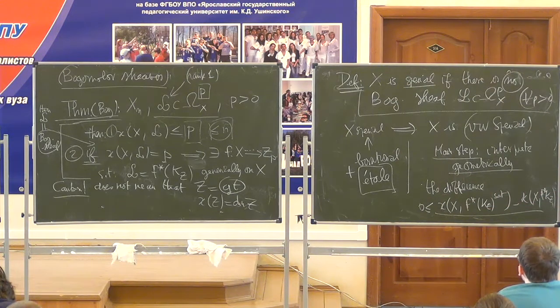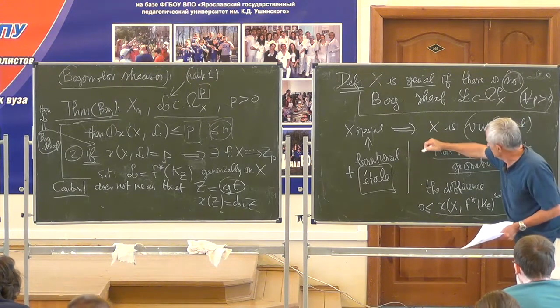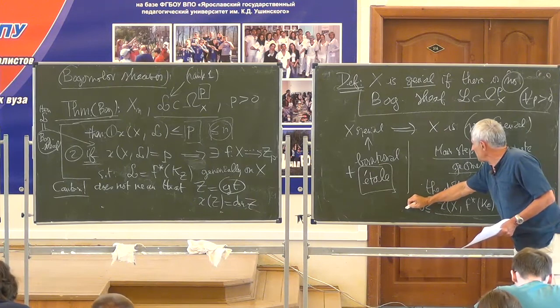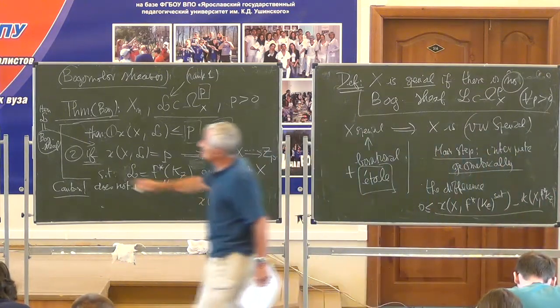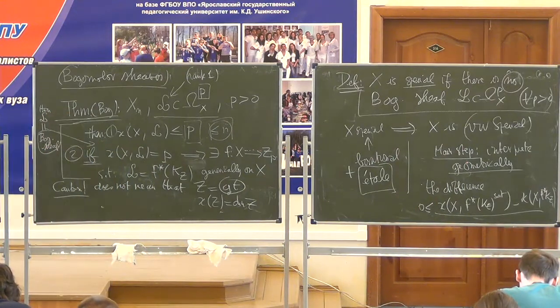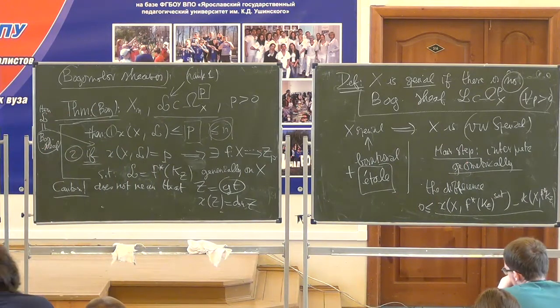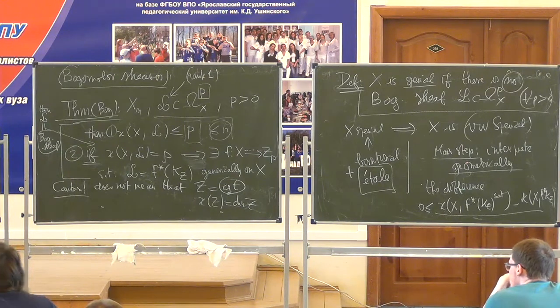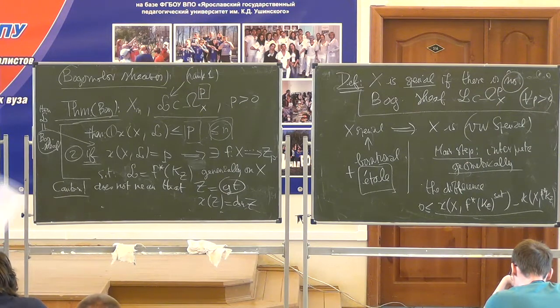So we have to equip the base of any fibration with a certain structure which comes from the multiple fibers, and this is precisely an orbifold structure, an orbifold pair.